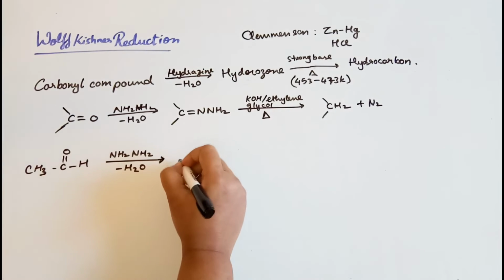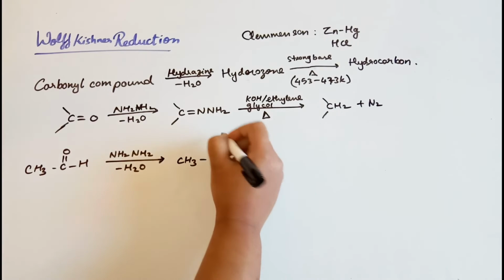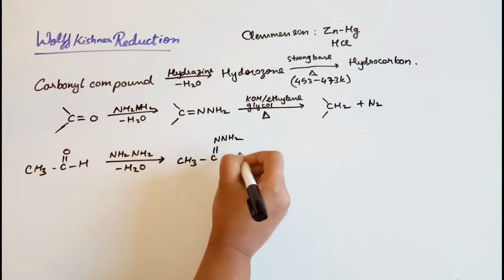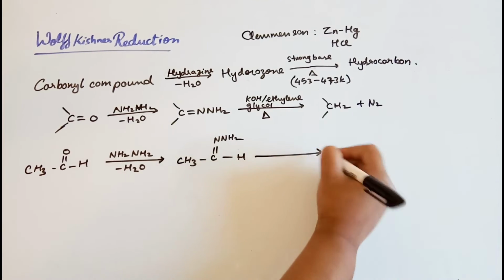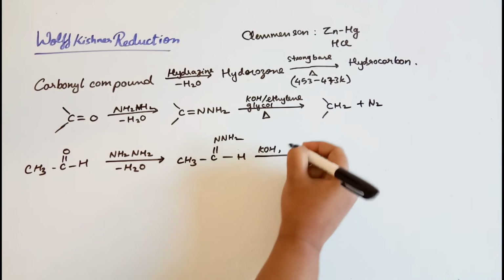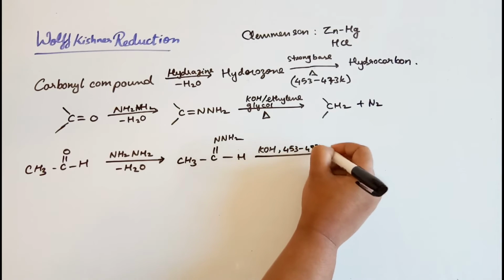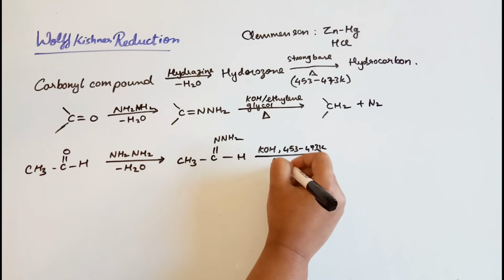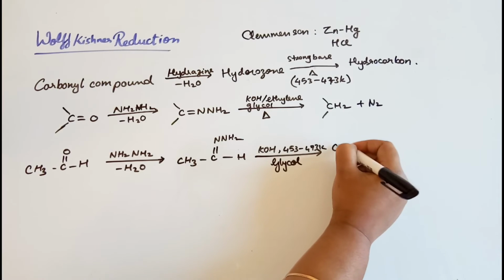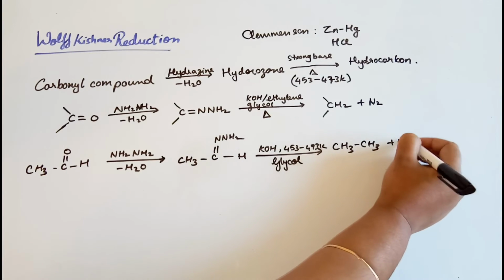Whatever you do, make sure that you write the right reaction, and it's very easy. An NH2 and an H. This is reacting with KOH, heated at 453 to 473 Kelvin in glycol, to give us ethane plus nitrogen gas.